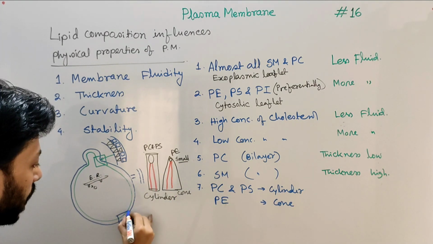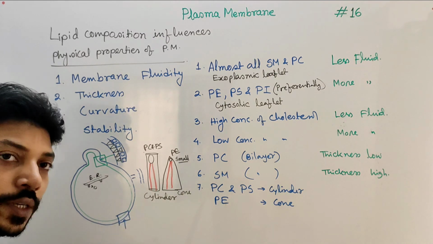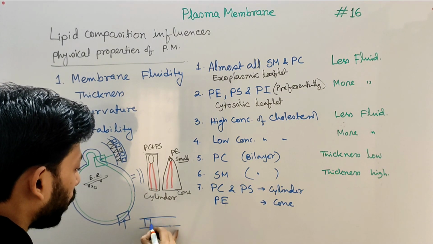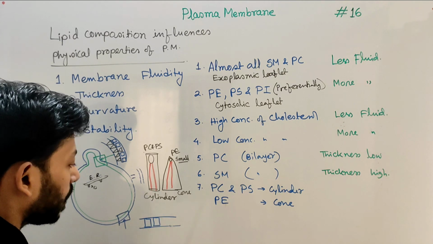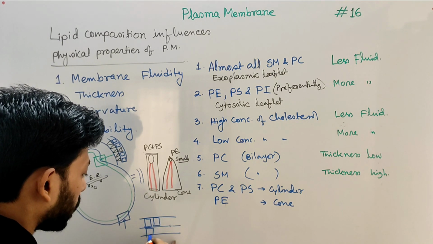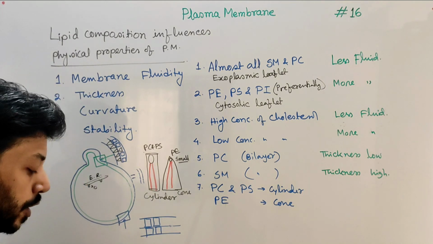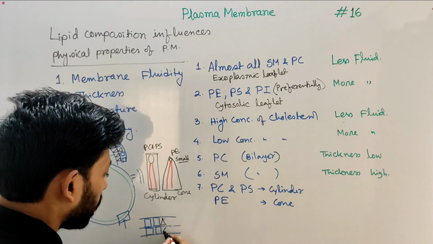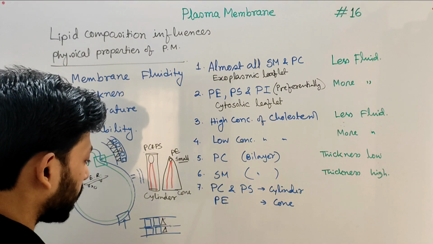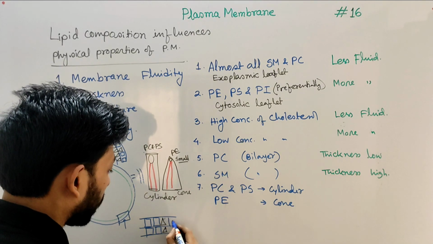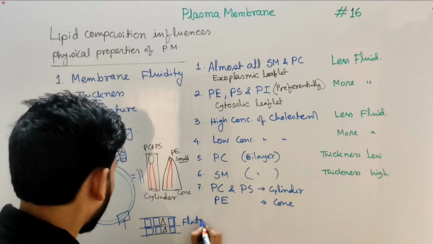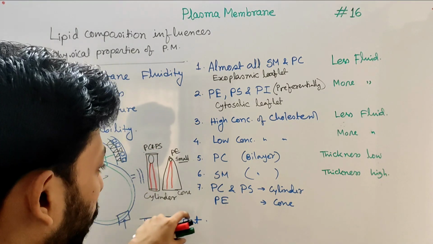Now if we zoom in on the flat area, the bilayer will contain more of the cylindrical lipid molecules. Obviously cone shaped can be present in both layers, but if the number of cylindrical lipids is high, then it makes a flat plasma membrane.